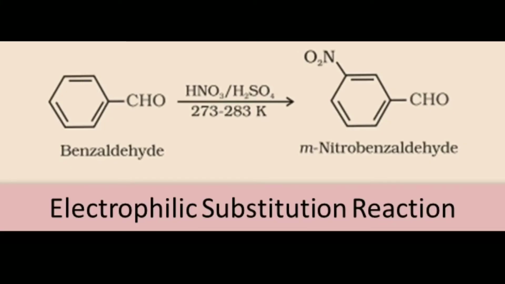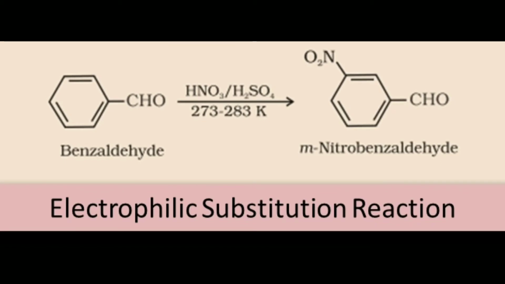Propanal in presence of NH2NH2 gives hydrazone, and the final product of the reaction is propane. Also a second example: ethyl phenyl ketone in presence of NH2NH2 gives hydrazone, and the final product of the reaction is n-propyl benzene.